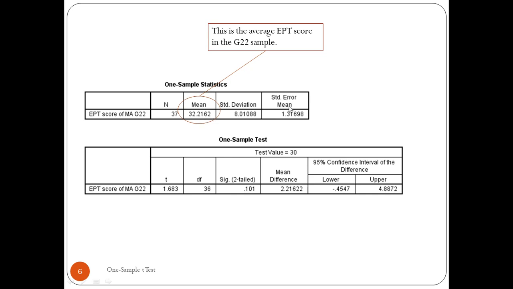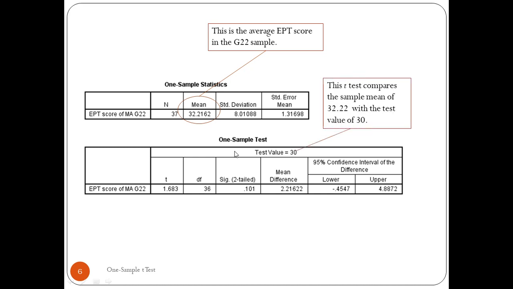So second table, you see the test value. This is the hypothesized population mean. So we compare the mean score of the sample with the population mean here.